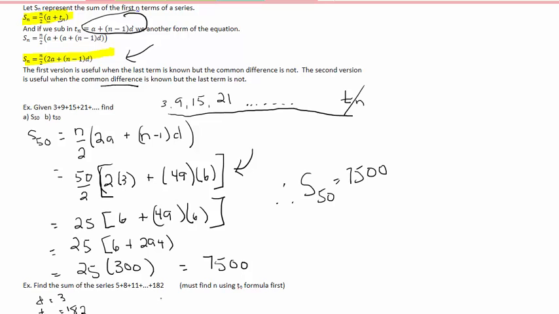We don't know how many terms there are, but we do know that the nth term is 182. So do your best to substitute into the equation and see if you can solve it. The trick here, when you come into class to show me the work, is that you have to solve for n first. So see if you can do it, and then we will continue in class from there.